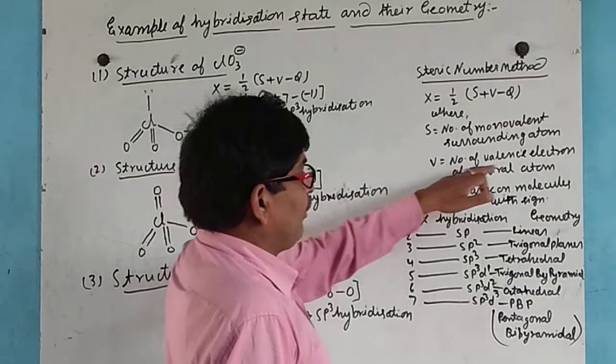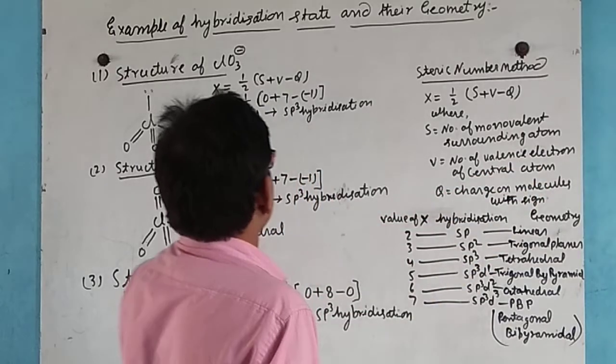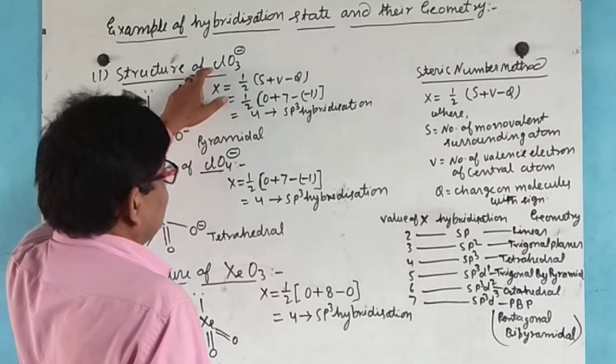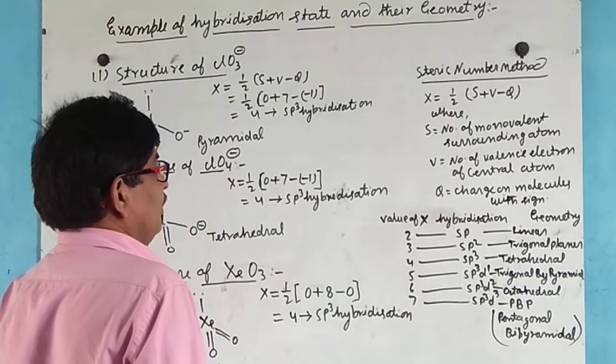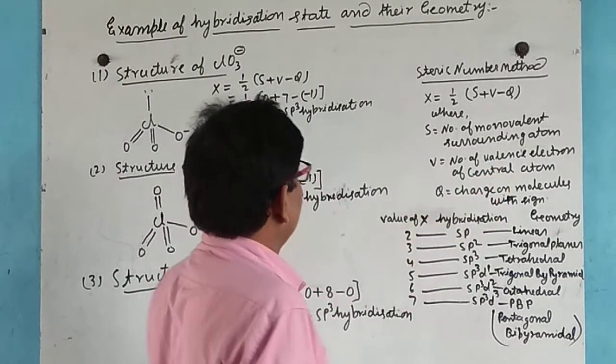V is the number of valence electrons of the central atom.